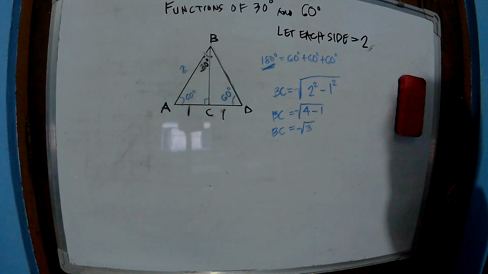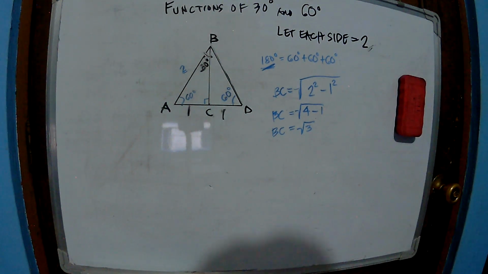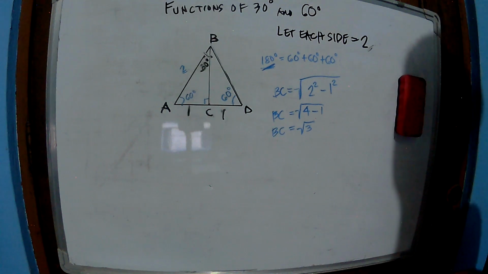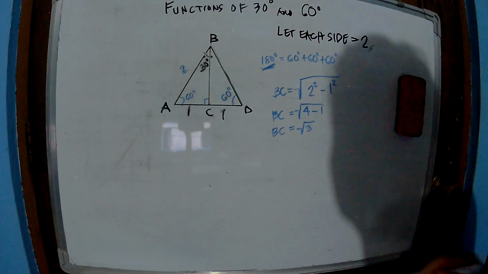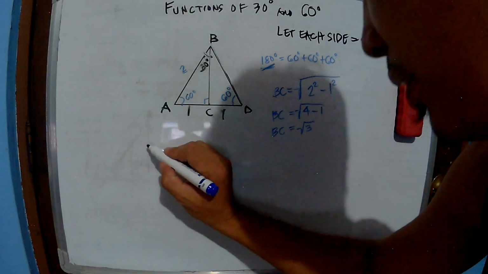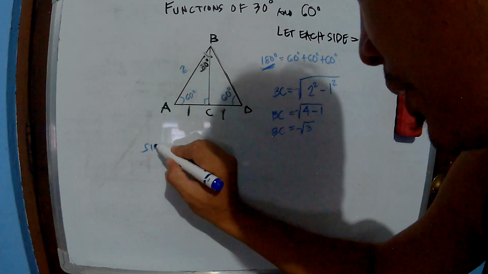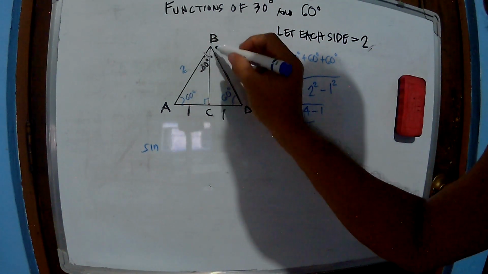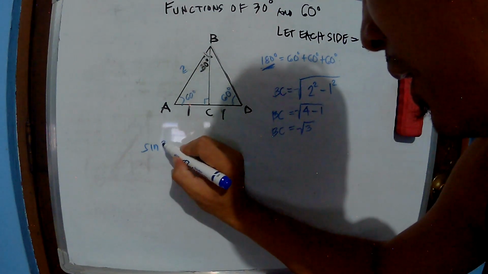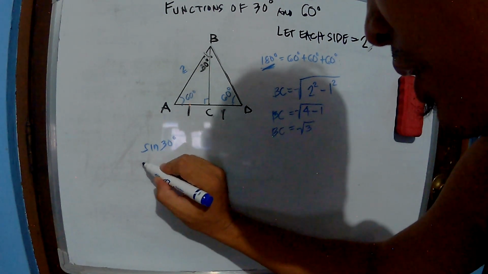Okay, so finding the trigonometric functions, sine of 30 degrees, let's use that.